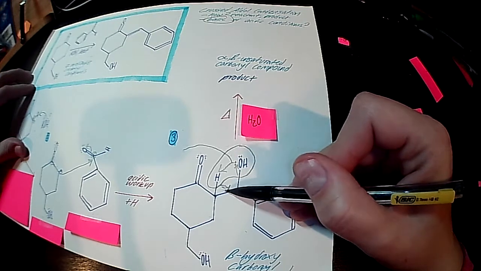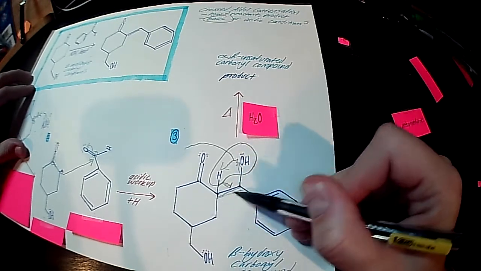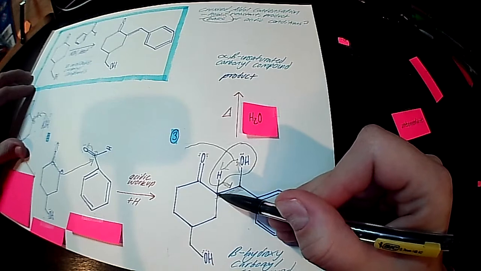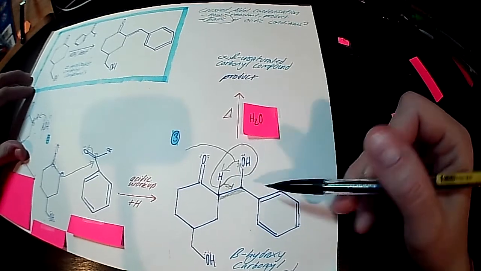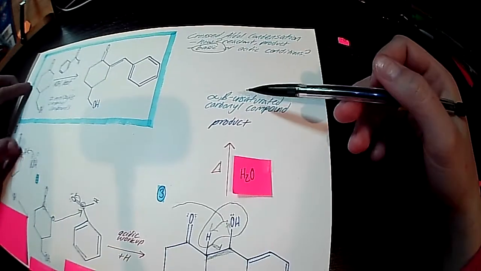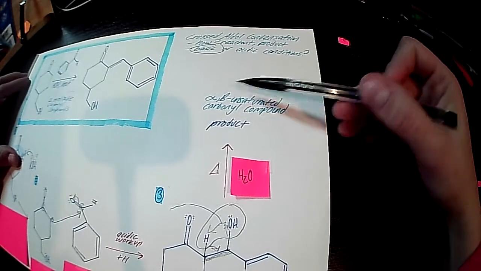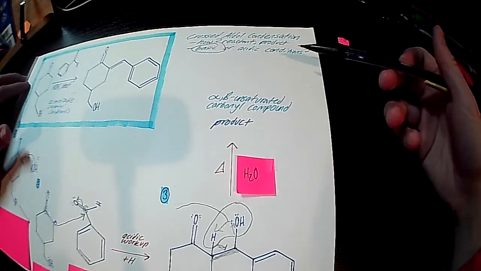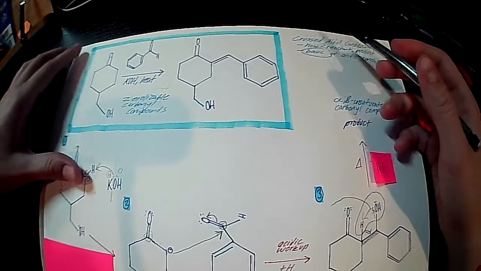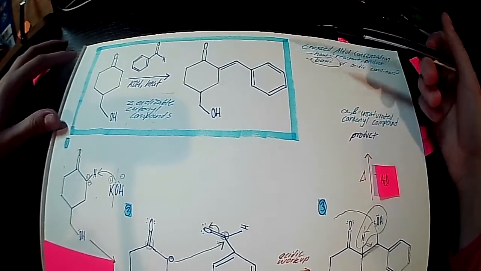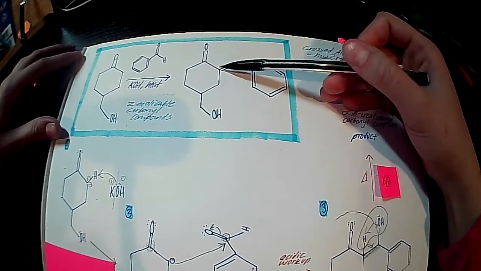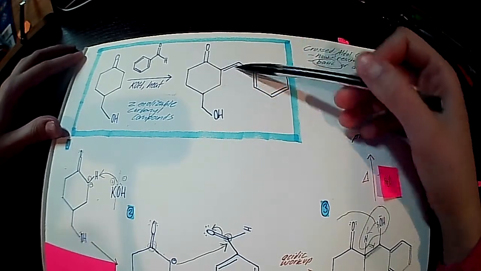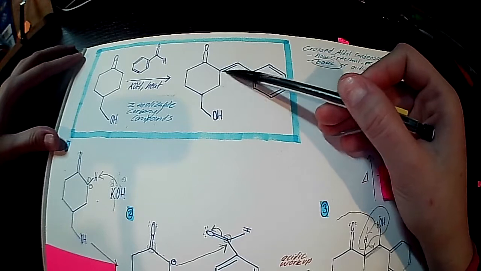We're moving our electrons here to build that double bond between that alpha and beta position, which is going to bring us back to our alpha beta unsaturated carbonyl compound. In this case, we're going to have a resulting ketone because we have an R group here and an R group here, and there's our double bond.